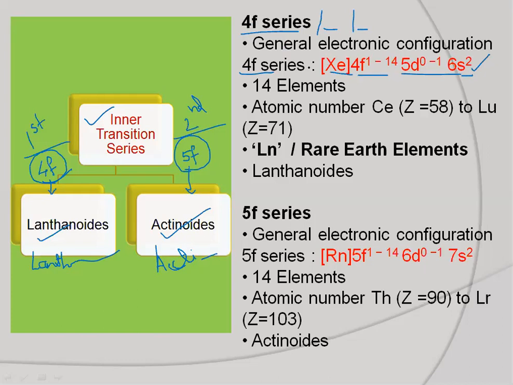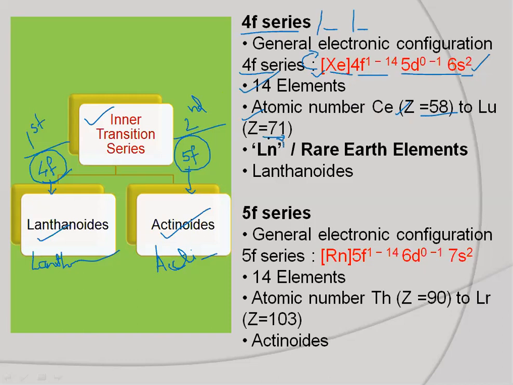So the inert gas element preceding lanthanum is xenon. That's why we are writing electronic configuration with respect to xenon. The atomic number of xenon is 54. So in lanthanoid series, or in your first inner transition series, there are total 14 elements. Atomic number of these elements starts from 58, that is cerium, to lutetium, whose atomic number is 71.